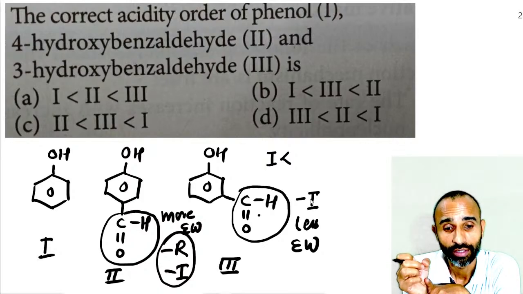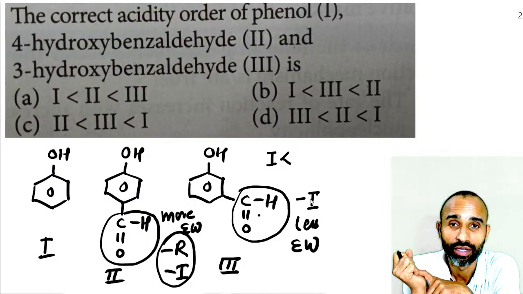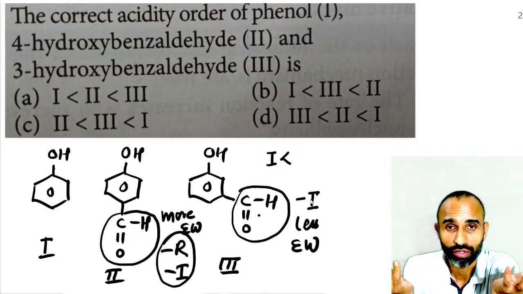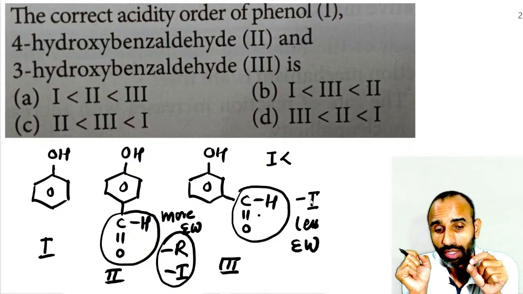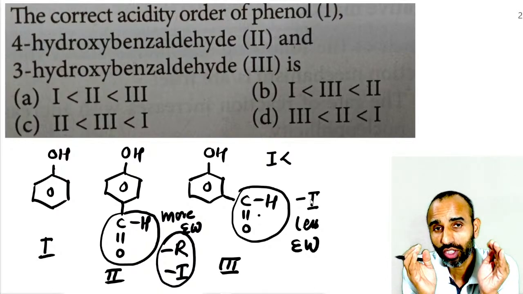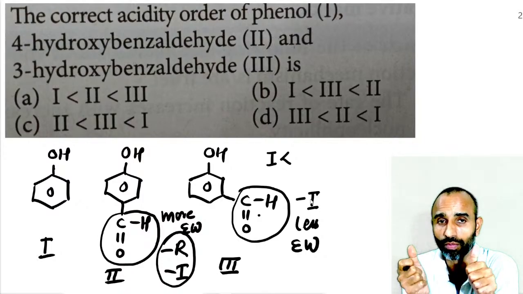But at para position there is minus R effect as well, and that is dominating over inductive. That's why, because at para position CHO has minus R effect, it is most electron withdrawing group.